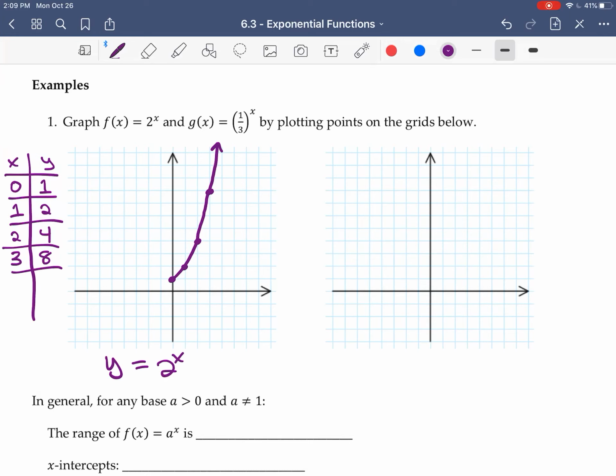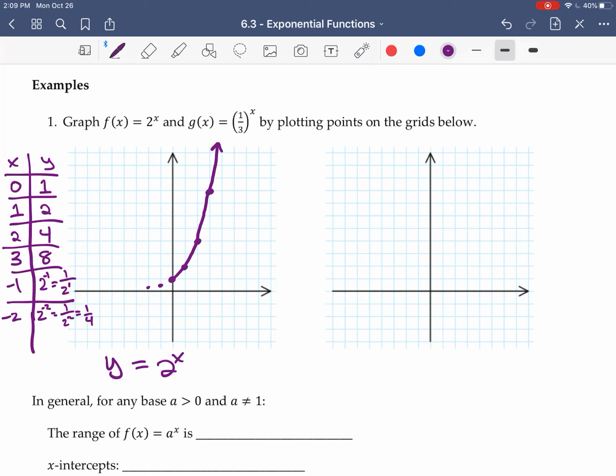Now, what if we put in negative numbers? So if I tried negative 1, 2 to the minus 1 is actually 1 over 2 to the positive 1. So at negative 1, it's actually at 1/2. Okay, if I did negative 2, 2 to the minus 2 is 1 over 2 squared, which is 1 over 4.